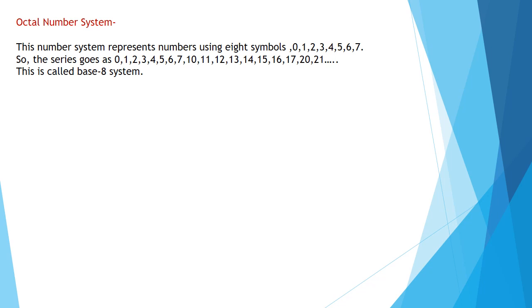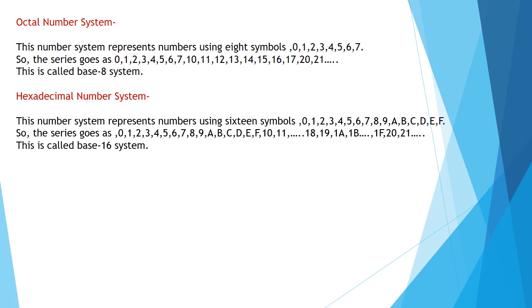So you can see that 8 and 9 are being skipped in the number system representation. Since we are using 8 symbols here, it is known as the base 8 system. As the decimal system was known as base 10 and binary as base 2, octal will be named the base 8 system.